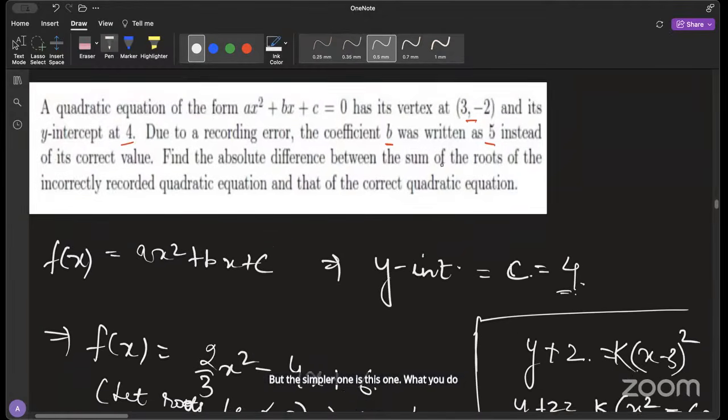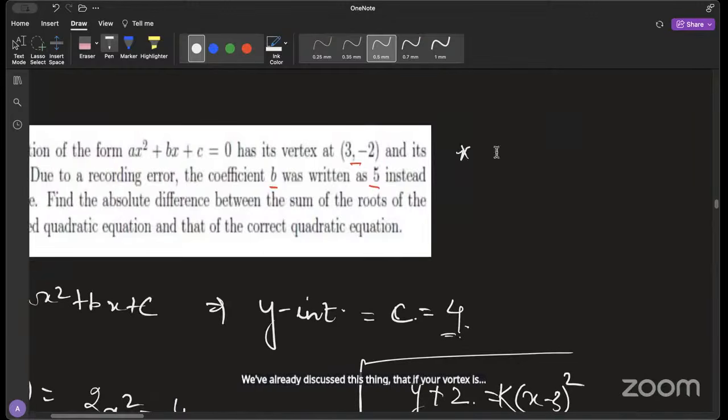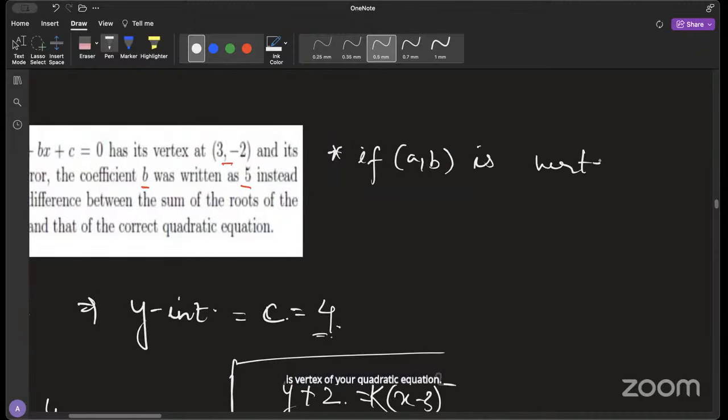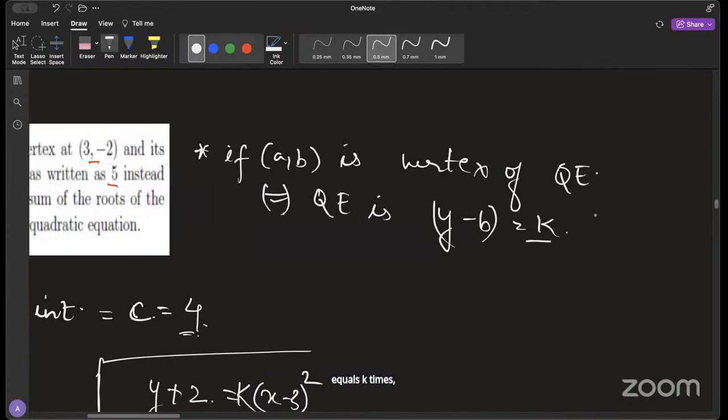What you do is, we've already discussed this thing that if a comma b is the vertex of your quadratic equation, then your quadratic equation is y minus b equals k times, where k is a constant, right? And we don't know that constant. To find this constant, you need another information about this quadratic equation, right?